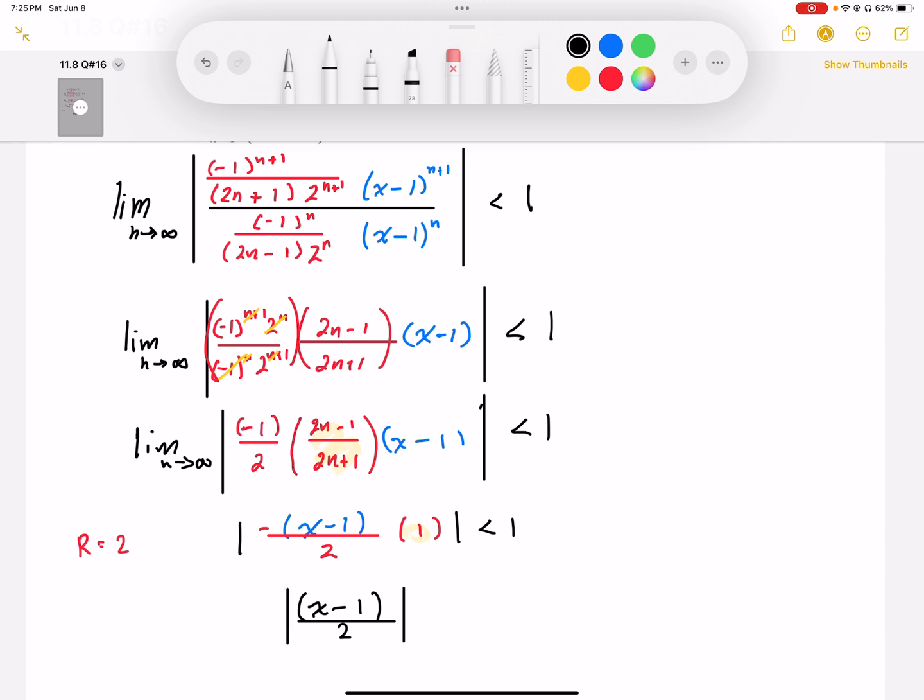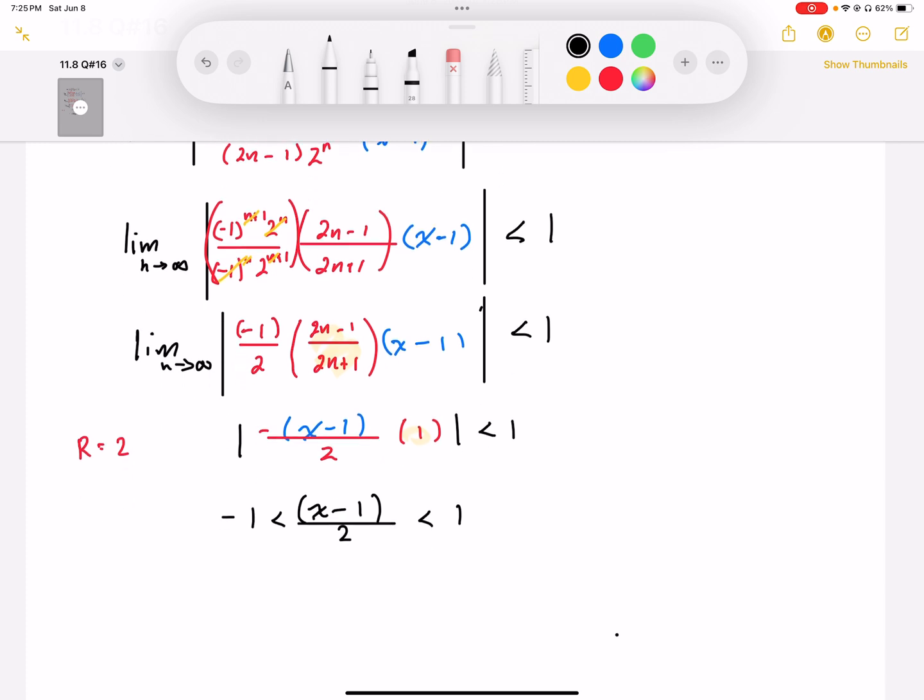I get rid of those absolute values, and we know it's going to be less than 1 and greater than negative 1, which then makes my radius 2. So I get negative 2 to 2, and then solving for x, I add 1 to both sides, so -1 all the way to 3. I added 1 to both sides of those two inequalities.